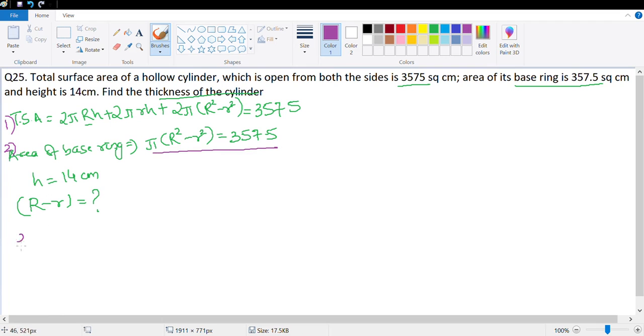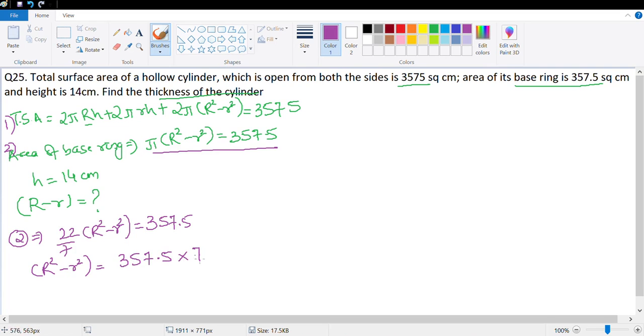This gives us 22 upon 7 into (R square minus r square) is equal to 357.5, which means R square minus r square is equal to 357.5 multiplied with 7 upon 22.